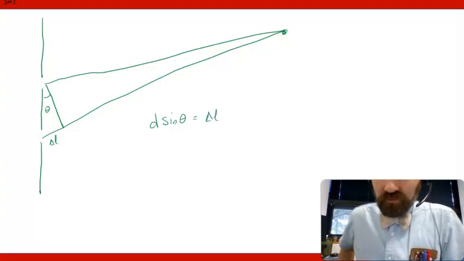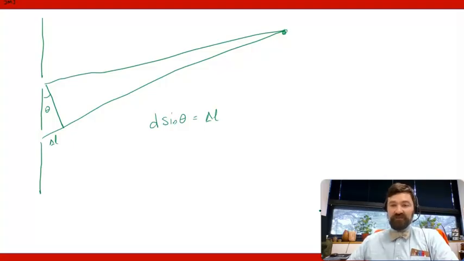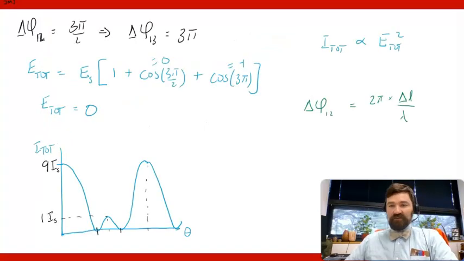And that's why we used d sine theta equals n lambda for constructive interference, because that was the condition for constructive interference. Over here, our equivalent would be 2 pi d sine theta over lambda.